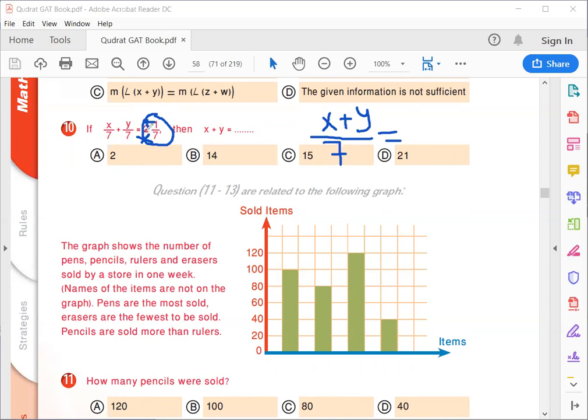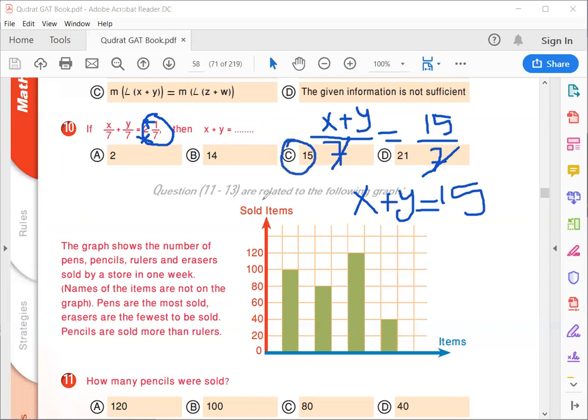So 7 times 2 is 14 plus 1 is 15 over 7. Now you can simplify this denominator with this. Then the answer is x plus y equals 15. So the answer is C. Is it clear? Do you understand this problem?